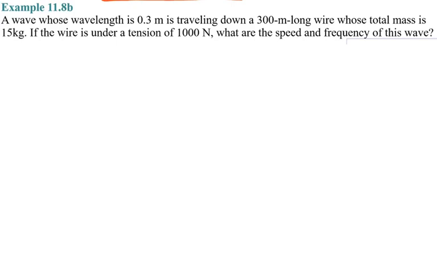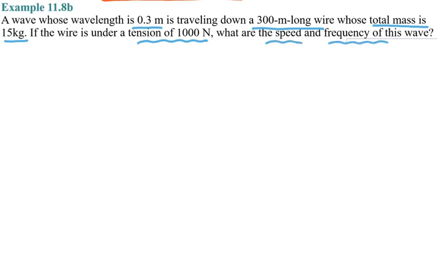Here's the first question we're going to look at in this video. A wave whose wavelength is 0.3 meters is traveling down a 300-meter long wire whose total mass is 15 kilograms. If the wire is under tension of 1000 newtons, what are the speed and frequency of this wave?